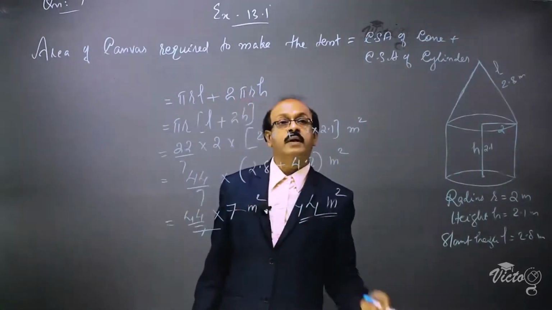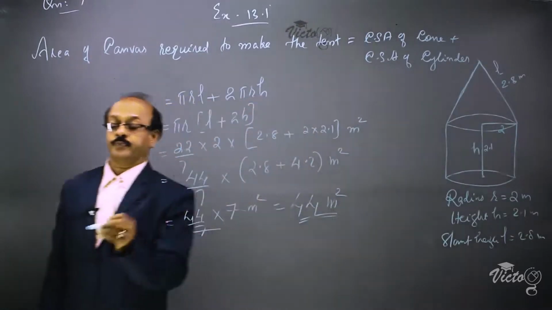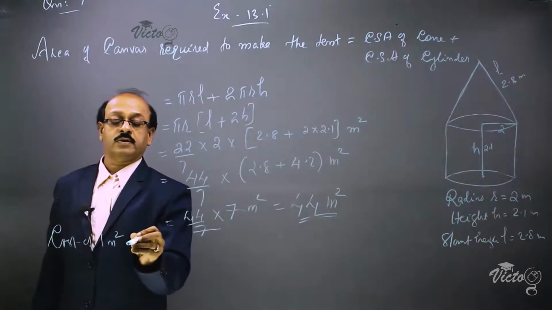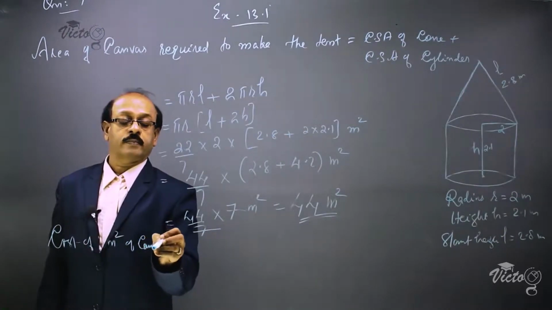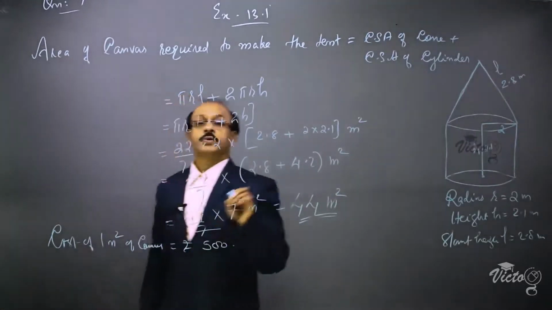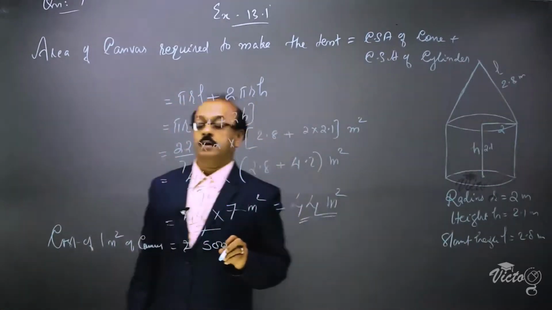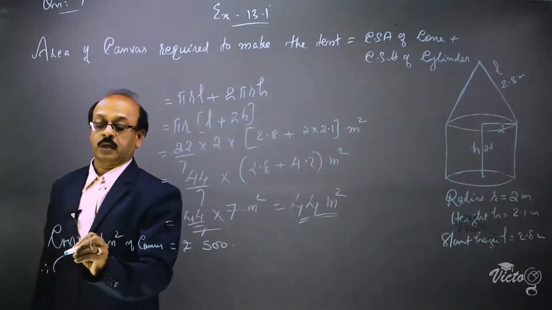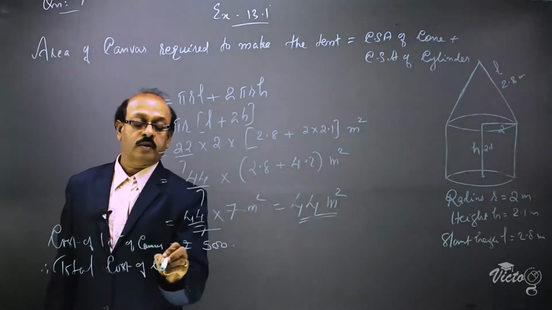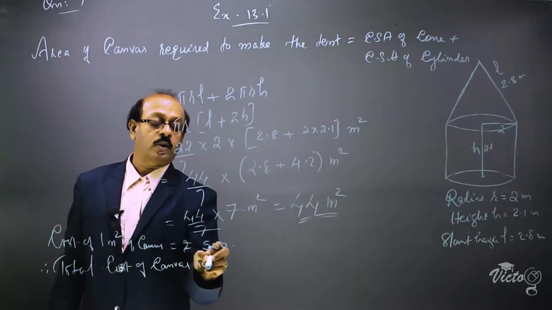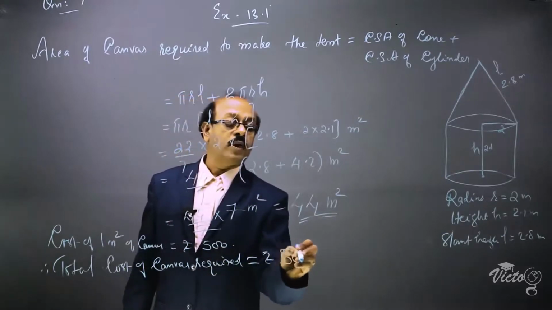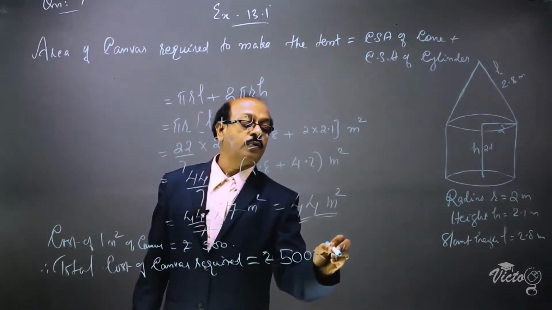Now, cost of 1 meter square of canvas is given in the question as rupees 500. Therefore, total cost of canvas required is equal to rupees 500 into 44.